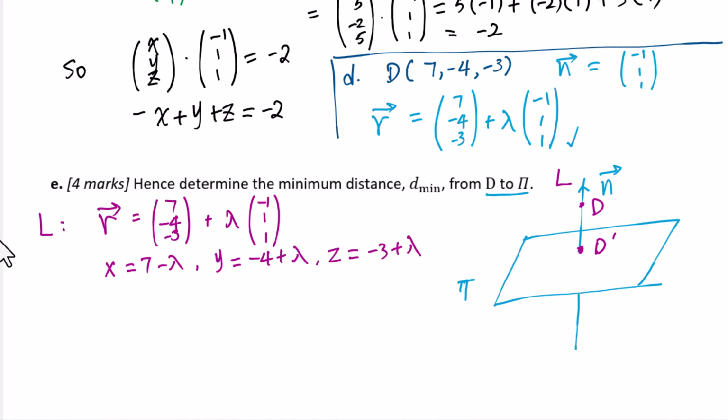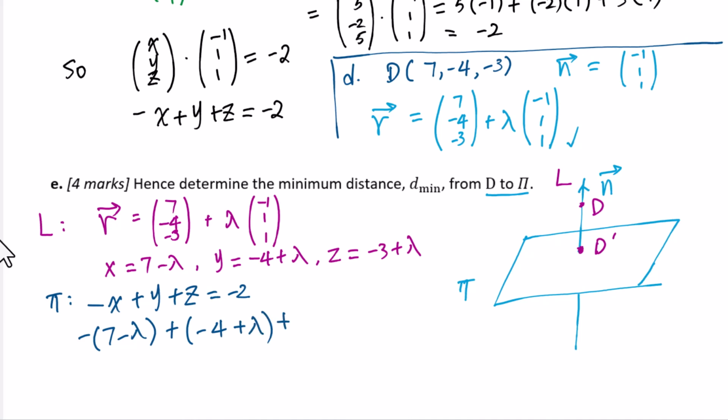The equation of this pi is -x plus y plus z equals -2. Now we do the substitution. 7 minus lambda plus -4 plus lambda plus -3 plus lambda equals -2.